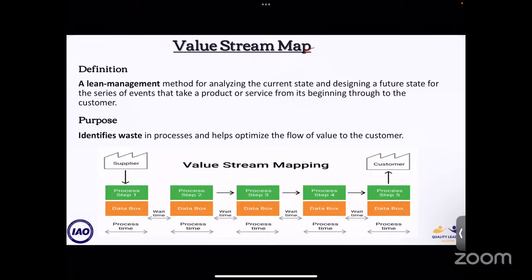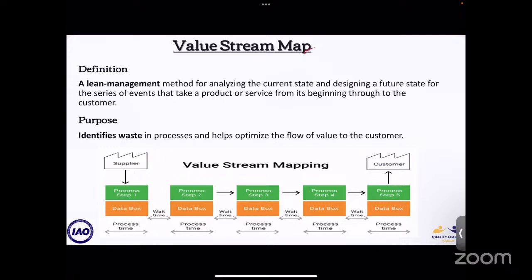Think of it as a bird's eye view that shows every step involved in delivering a product or service, all the way from the supplier to the customer. The main goal is to analyze the current state of the process and design a future state that's more efficient and delivers value seamlessly.